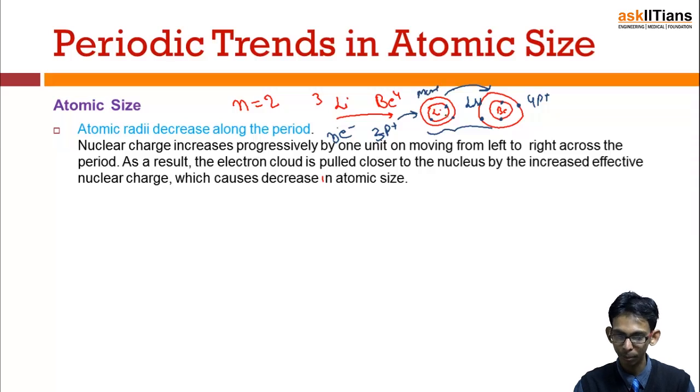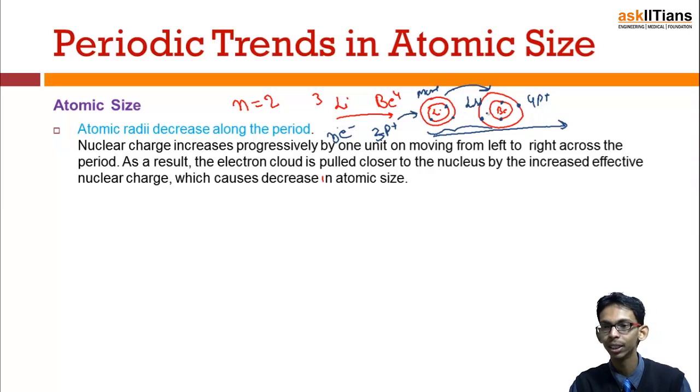Similarly, when we move progressively from left to right in a period, size keeps on decreasing because electrons and protons are both increasing, but the electrons come into the same shell, while every proton added increases the effect of nuclear force, because of which the size decreases. So along the period, size decreases.